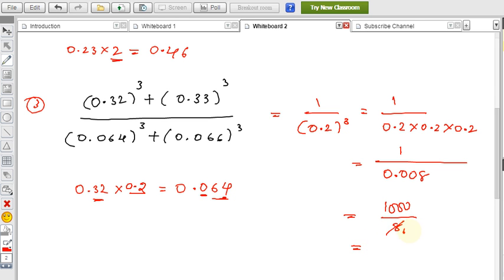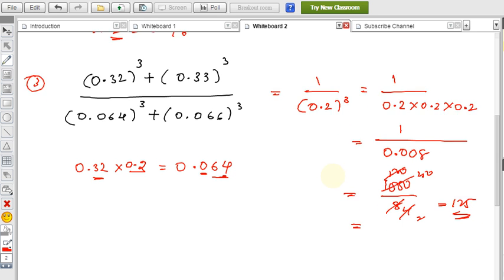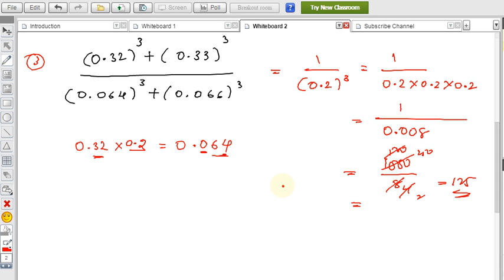Go for cancellations: 4, 500; 2, 250; and 125 finally. We can verify in this manner.